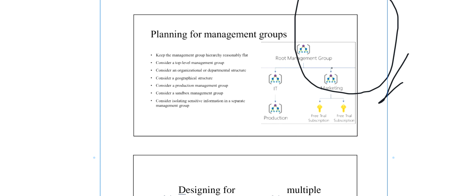When I assign roles using role-based access control, I can assign roles at a resource level, at a resource group level, at a subscription level. I can also assign at the management group level.